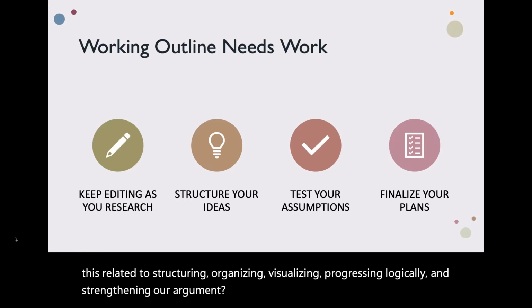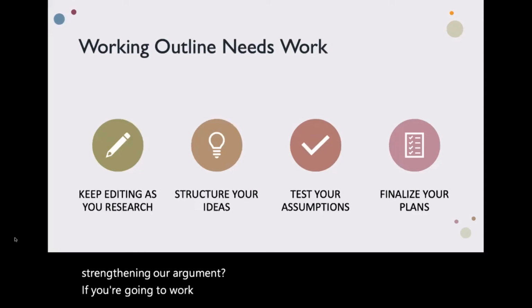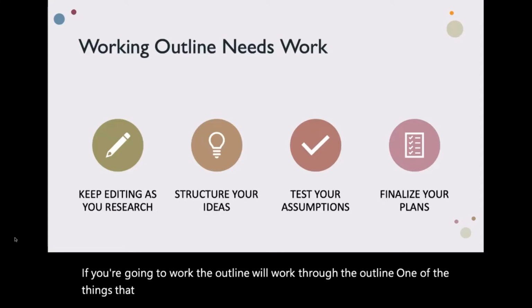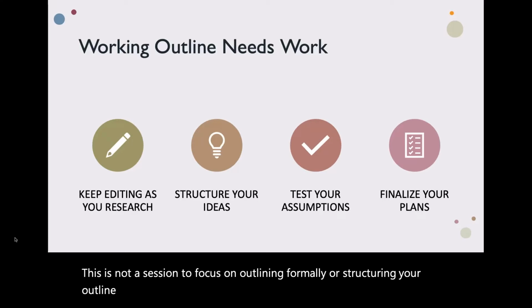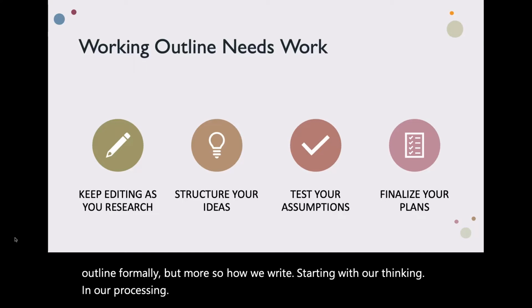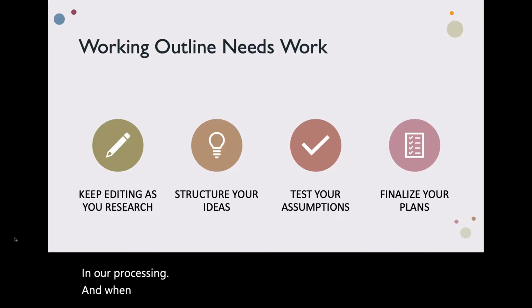Now, if you're going to work through the outline, one of the things that this presentation is focusing on is the content in the outline. This is not a session to focus on outlining formally or structuring your outline formally, but more so how we write, starting with our thinking and our processing. And when outlining, one of the key terms that people will often use is a working outline.